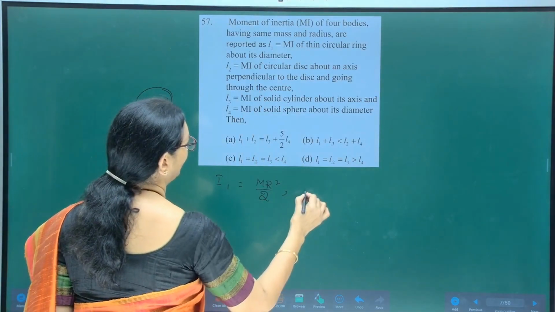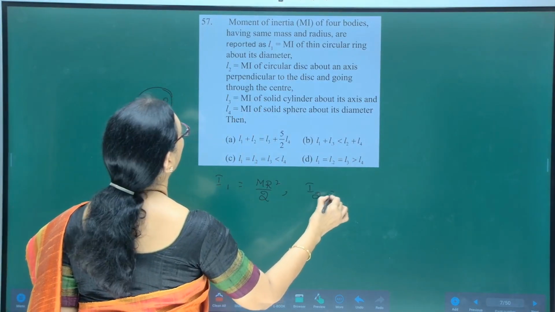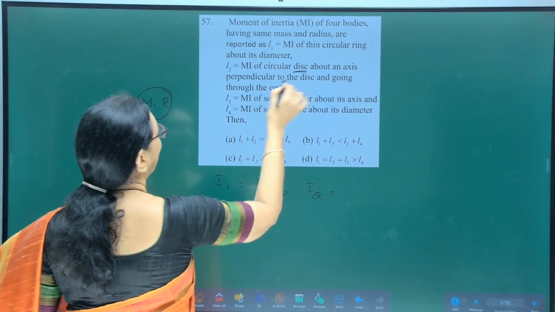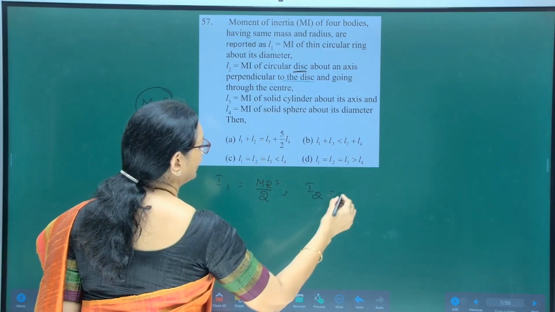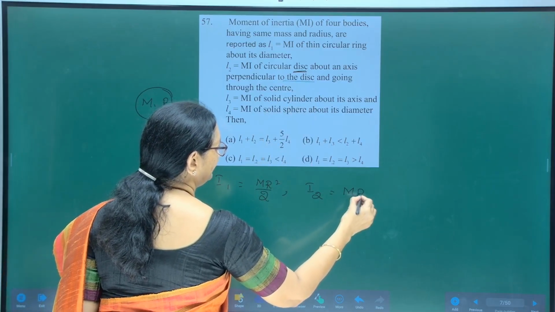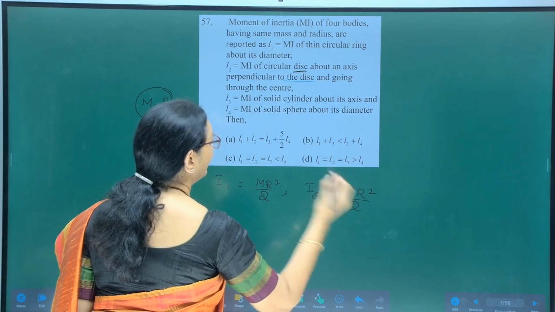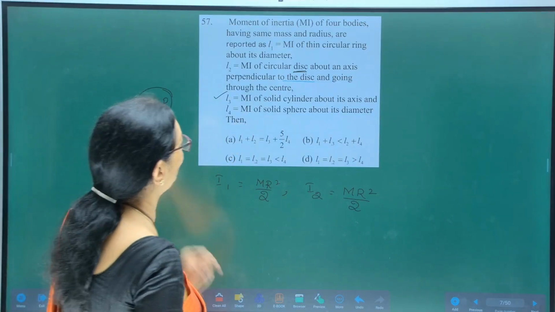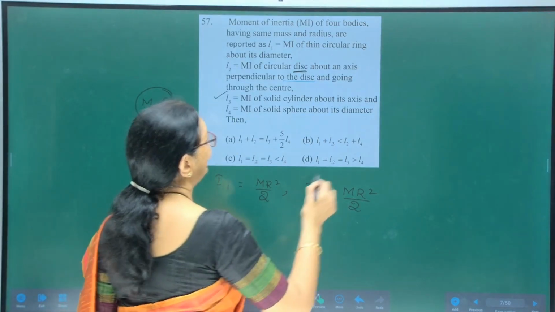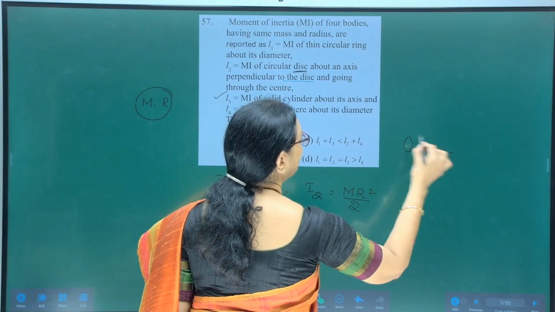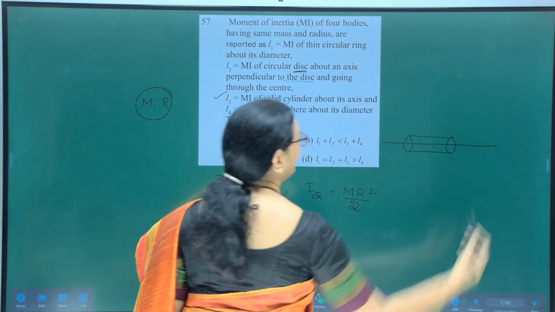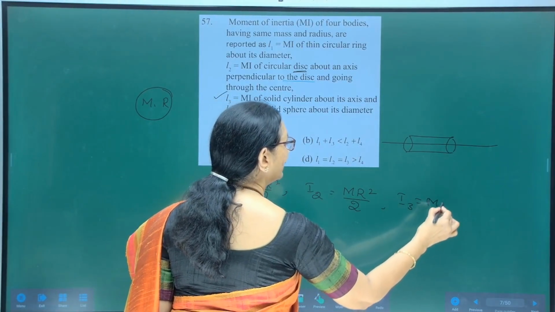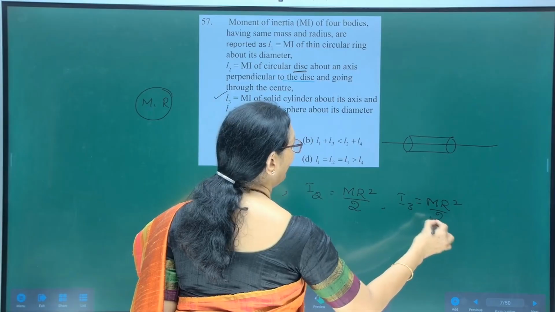Next, I2, the moment of inertia of a circular disc about any axis perpendicular to the disc, that is mr square by 2. I3, the moment of inertia of a solid cylinder about its axis. Solid cylinder about its natural axis, that is I3, is also equal to mr square by 2.